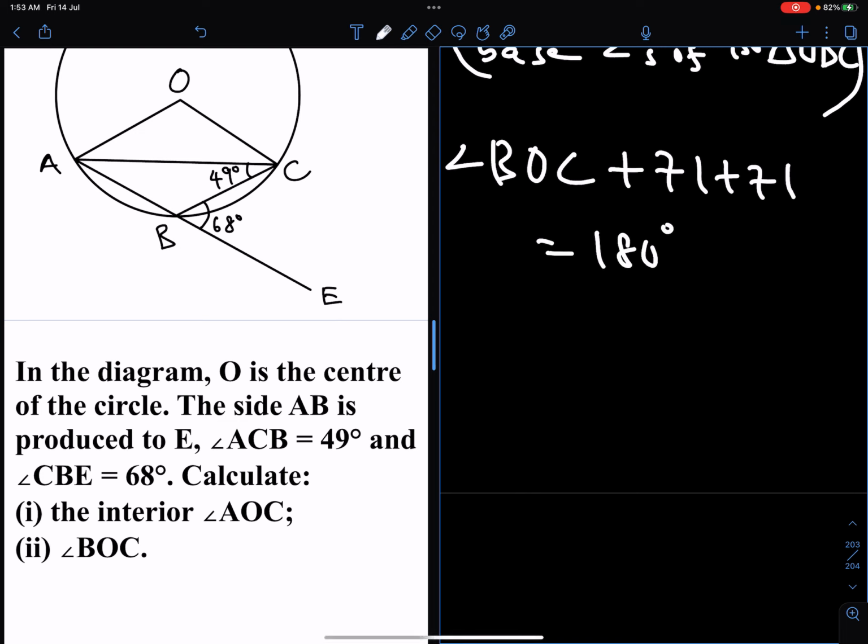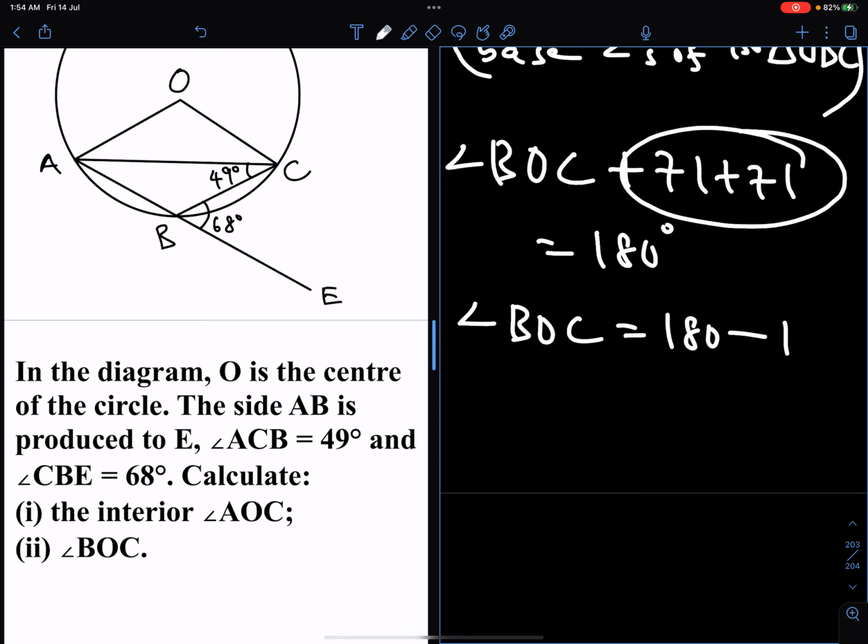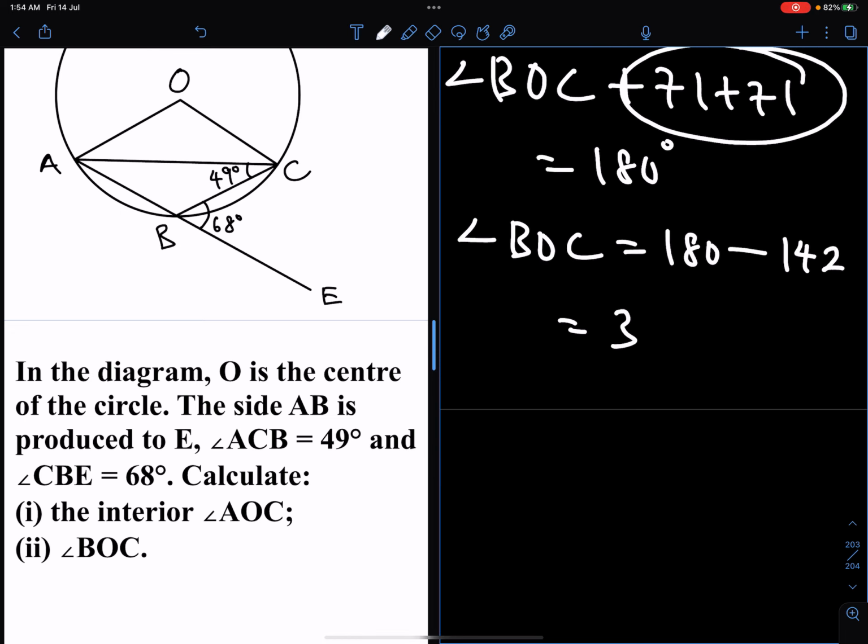Sum of angles in a triangle, and that means angle BOC equals 180 minus 142, which is 38 degrees. So angle BOC is therefore equal to 38 degrees.